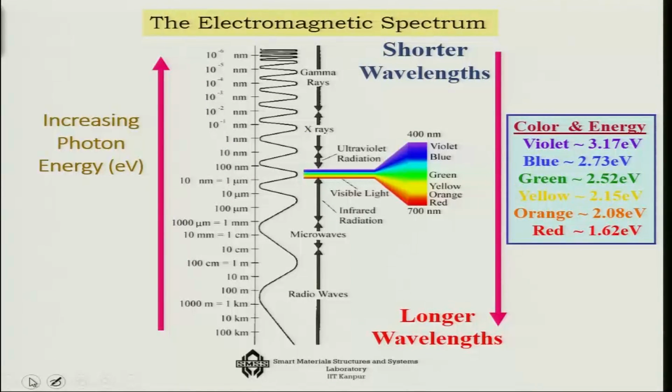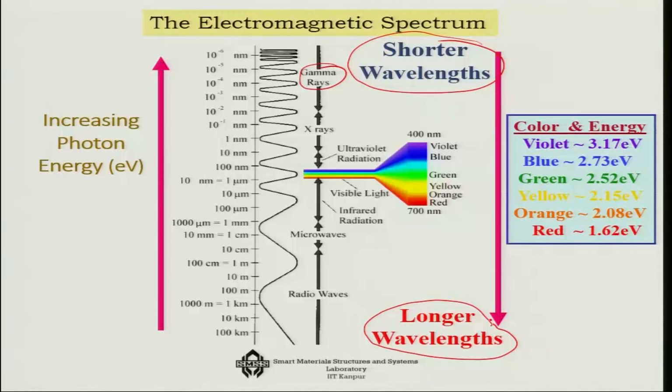Now the first important thing is that when we are talking about the optical property, we are talking about the electromagnetic spectrum. In that electromagnetic spectrum of the wavelength, we have shorter wavelengths at one extreme, which are the gamma rays, and longer wavelengths at the other extreme, which are the radio waves.